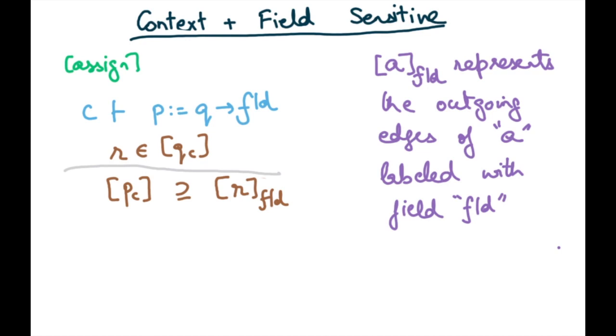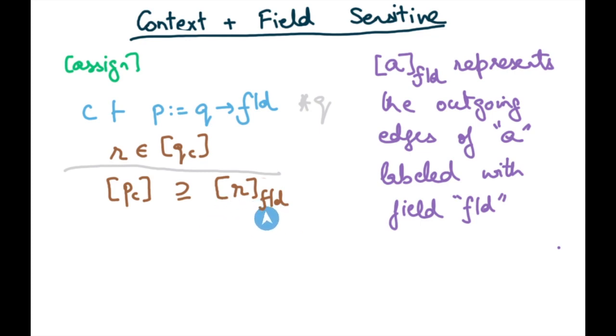So if I analyze P colon equals Q pointer dot field in context C, then this is equivalent to saying star Q, except that the first thing we do is look at all the outgoing edges of Q. So let's say R belongs to the outgoing edges of QC, Q in context C. Then we update using the outgoing edges of R. So this is as good as a dereference, but with the caveat that I only update using those outgoing edges of R which are labeled with field.